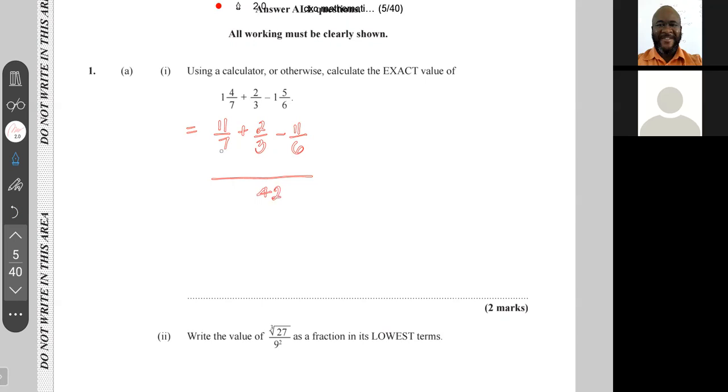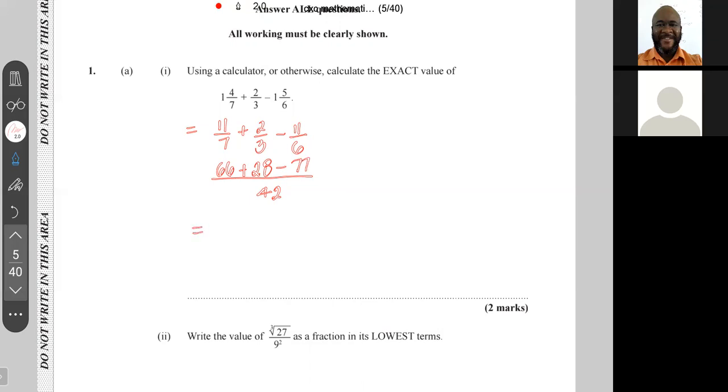Now, 7 into 42 goes 6 times. 6 times 11 is 66. 3 goes into 42 14 times. 14 times 2 is 28. 6 goes into 42 7 times. 7 times 11 is 77.